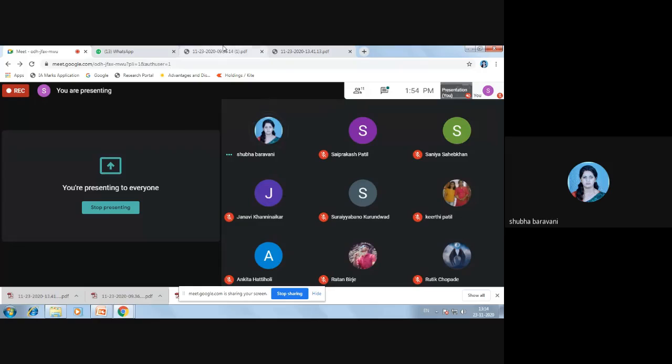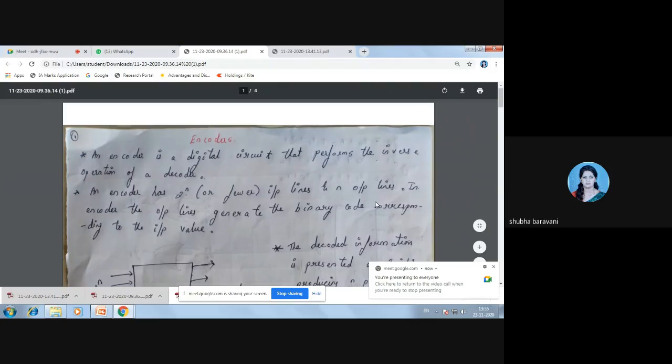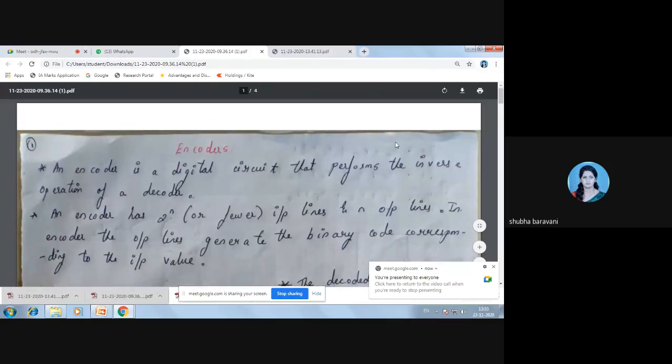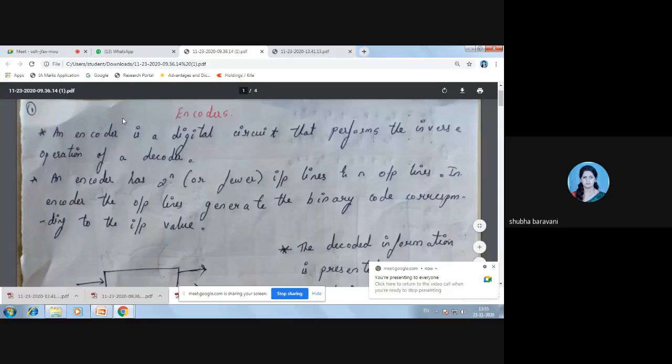Okay, so what we are going to do today is we are going to deal with encoders. As you can see, if you have gone through the PDF, an encoder is a digital circuit that performs the inverse operation of a decoder.